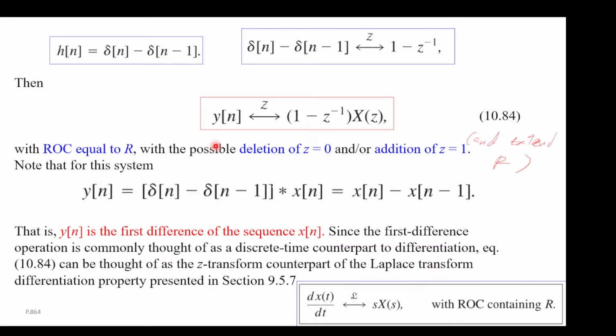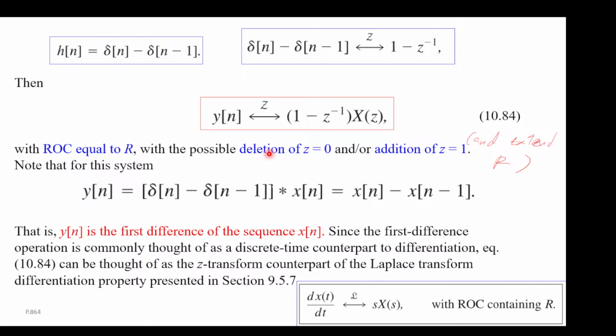But as we always see, the differentiation property is quite different between discrete time and continuous time. For continuous time, you take differentiation in the time domain and you get the factor s here, and for discrete time, you take the difference in the time domain and you get this weird 1 minus z to the minus 1 factor. This is just what happens.